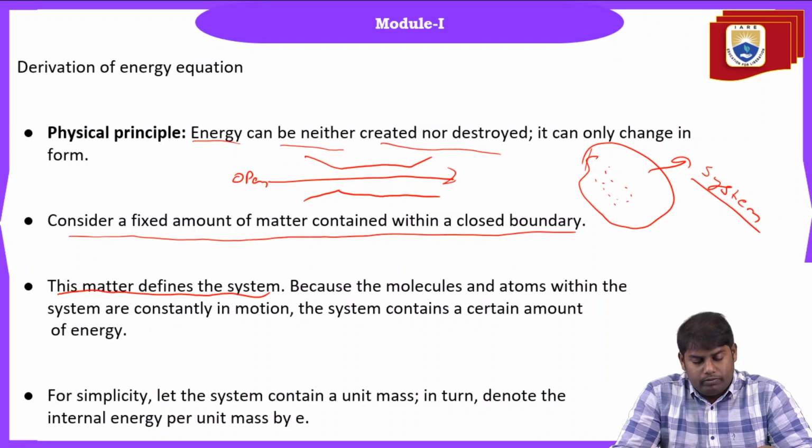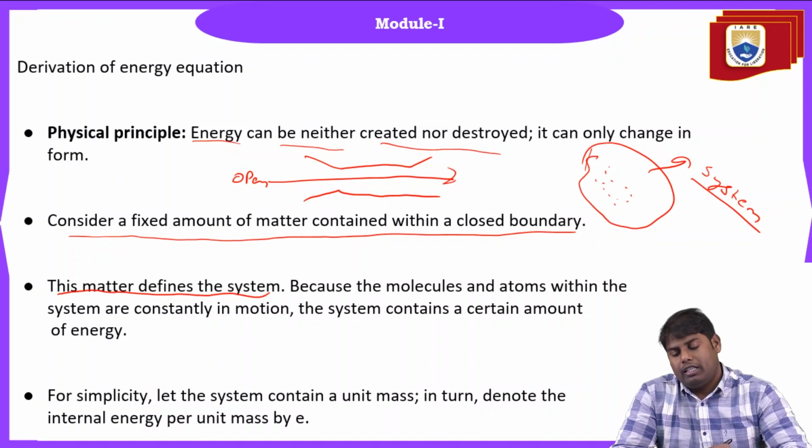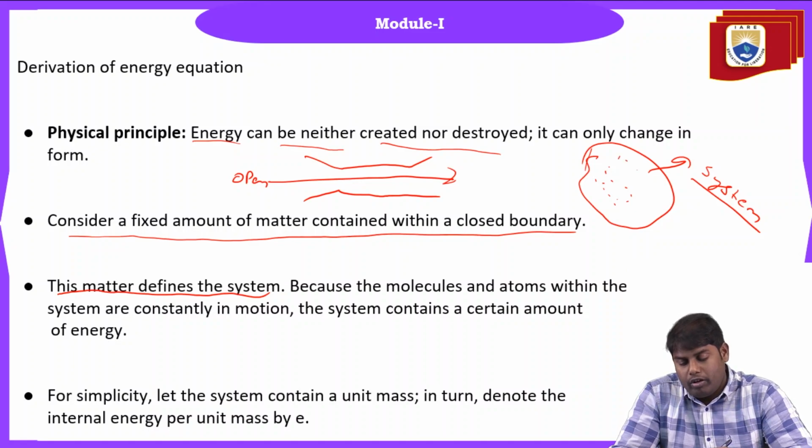Let us consider a system where you have molecules and atoms randomly moving. Each molecule or atom has a certain energy. Let's say you have atoms A, B and C, moving in different directions.